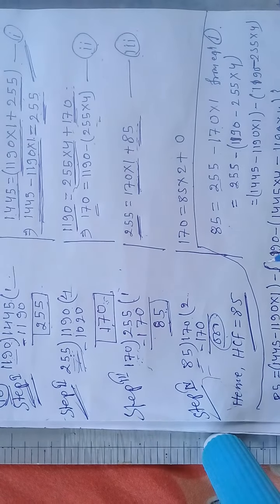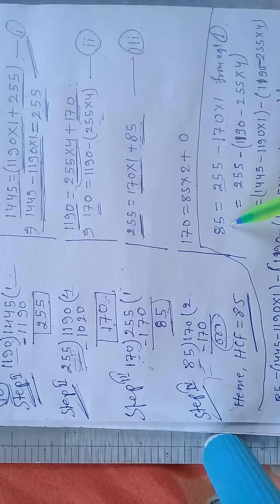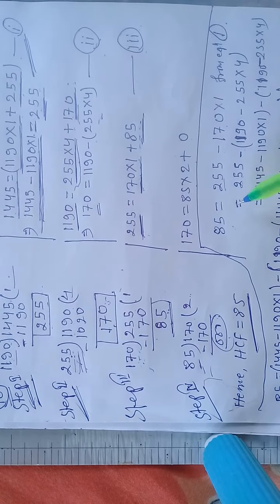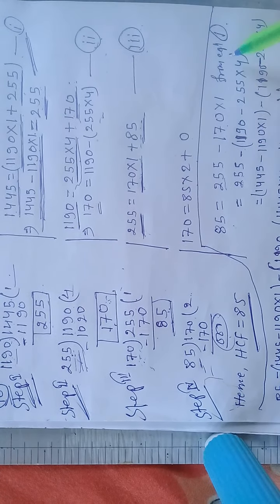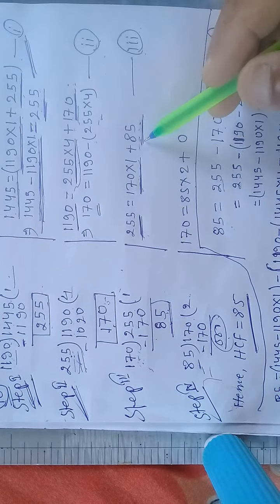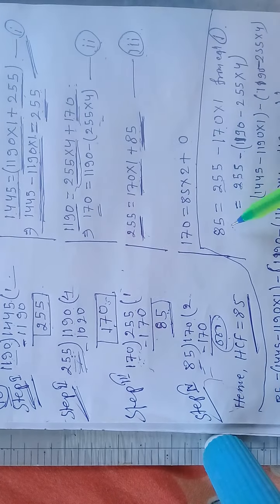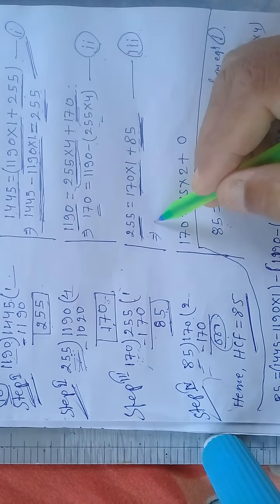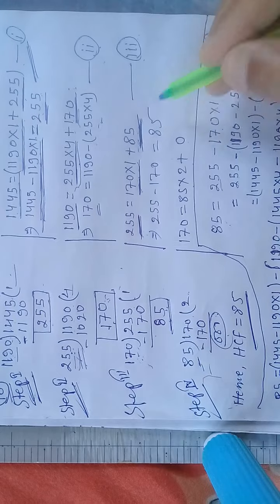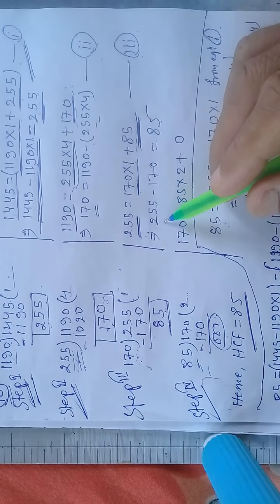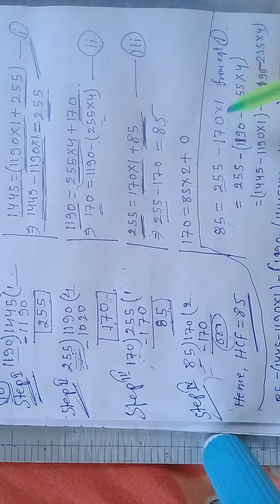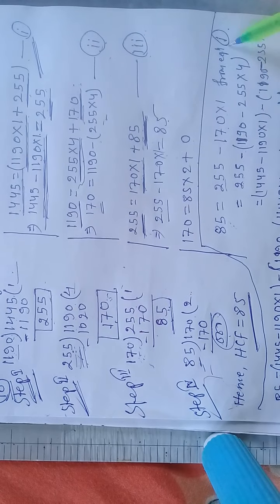Now from equation 3, 85 is equal to 255 minus 170 into 1.